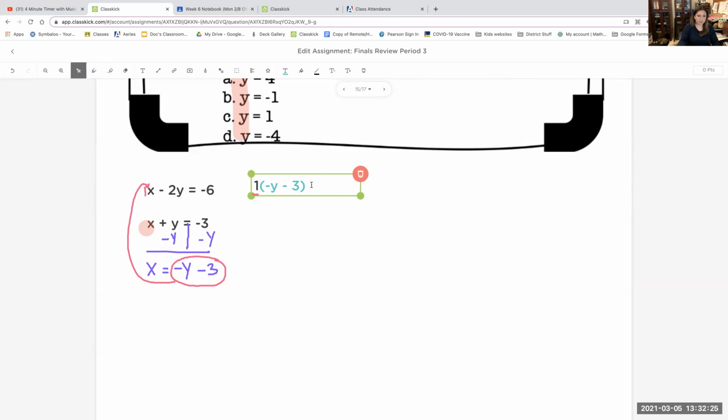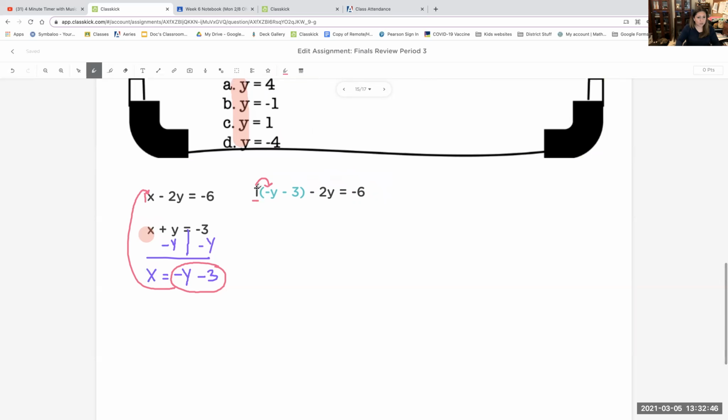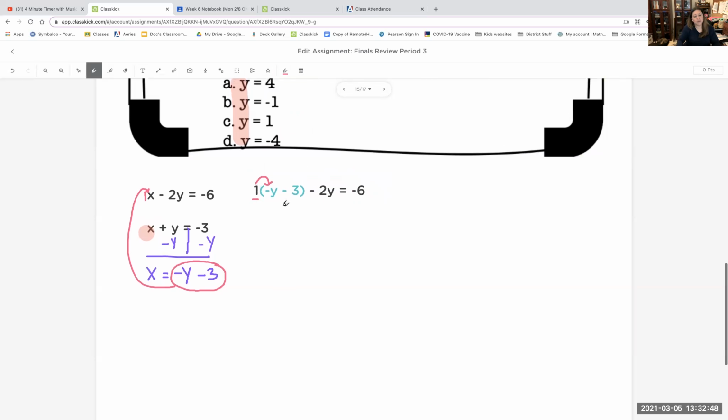Let me finish this off. Minus, whoops. To Y equals negative 6. So we're gonna distribute. Now, do we really need to distribute? Because this is a 1, it's gonna give me the same stuff.